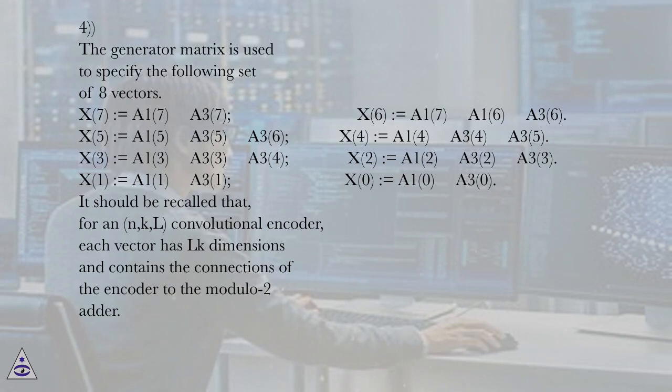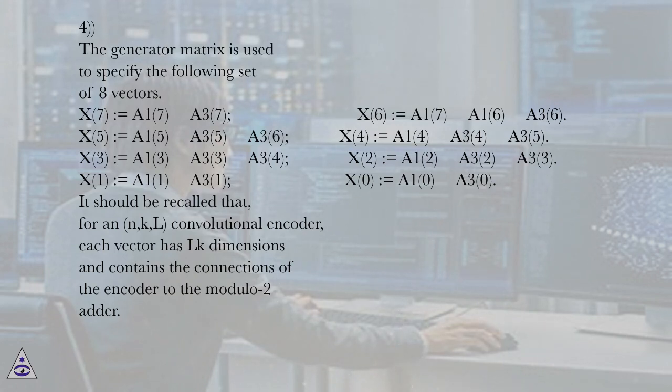x7 equals a17 a37, x6 equals a17 a16 a36, x5 equals a15 a35 a36, x4 equals a14 a34 a35, x3 equals a13 a33 a34, x2 equals a12 a32 a33, x1 equals a11 a31, x0 equals a10 a30.